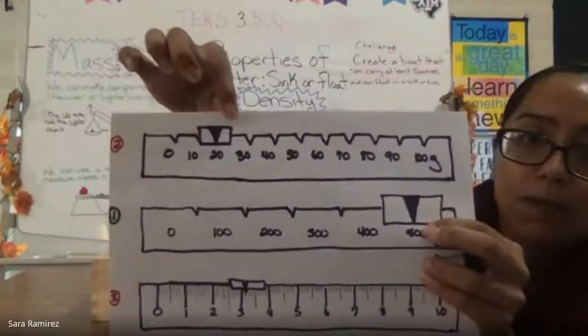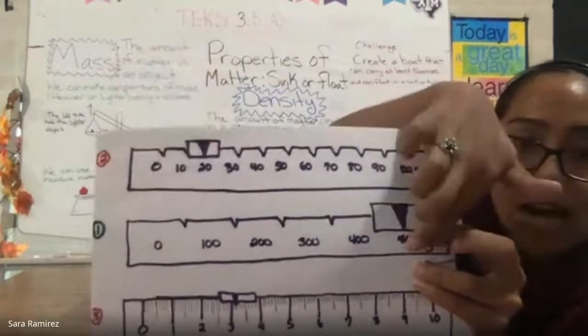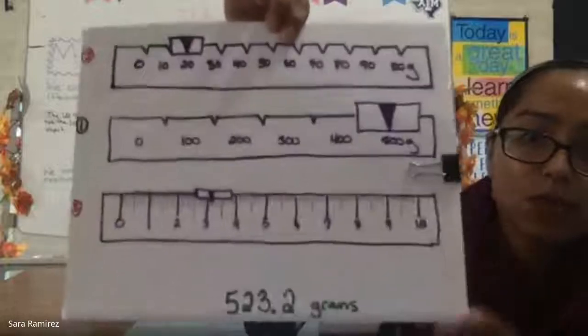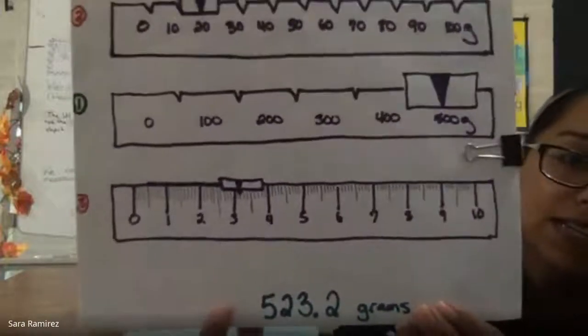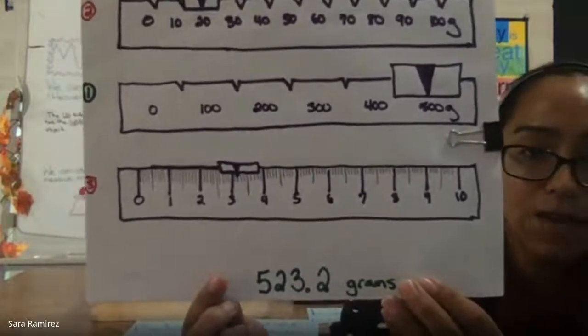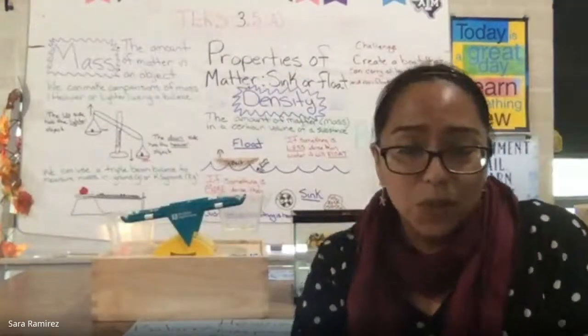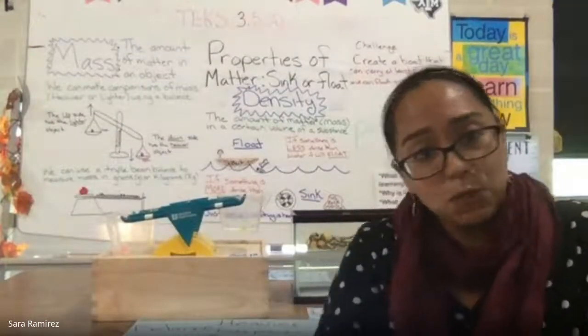Then we're gonna go to the back and read the 10s, and this one is at 20. So we have 500, 20. Now let's read the 1s, and it's at 3.2. So you put all those numbers together and you get 523.2 grams.